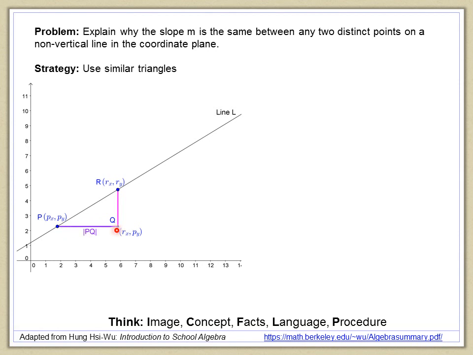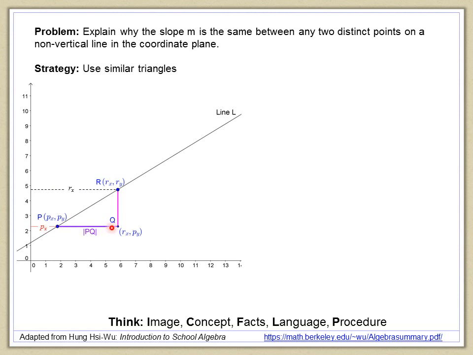So this is the horizontal distance, PQ, we'll call it the length of PQ. And I'd like to explain exactly what that is in terms of these coordinates. So if you remember, this distance here is given as Rx. From here out to here, that's the x-coordinate of the R point, and the x-coordinate of the P point, Px, takes us to here.